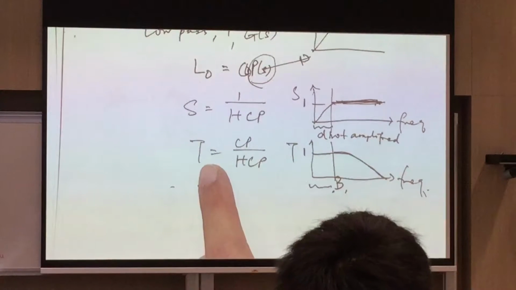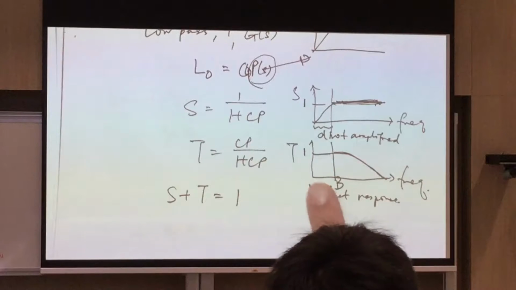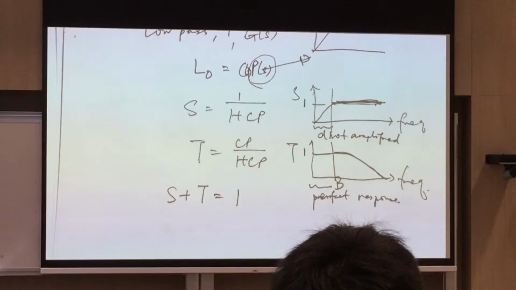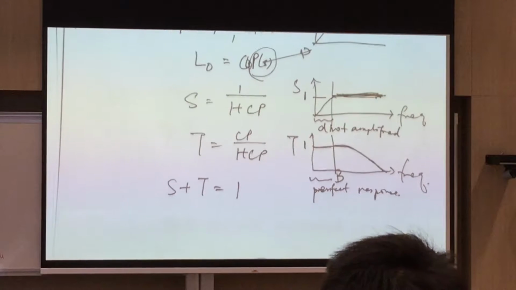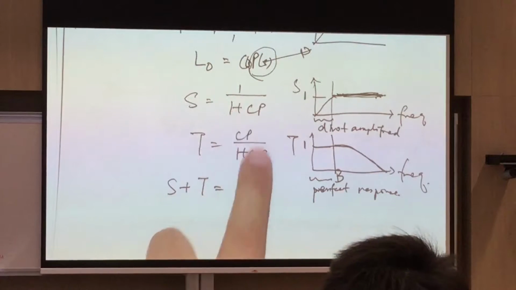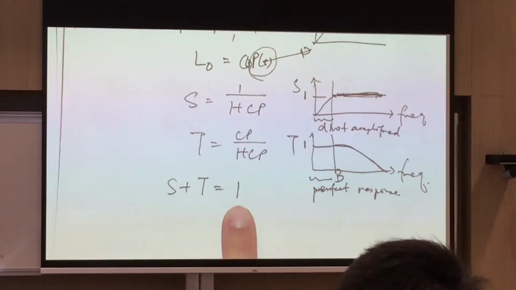For the complementary sensitivity function, you observe that for low frequencies, T is almost 1. That's good because it tells you that your output is tracking your command response very well, because Y is F R. But in this range, your measurement noise is also present. The next thing you'll notice is that on the transfer function, S plus T is 1.